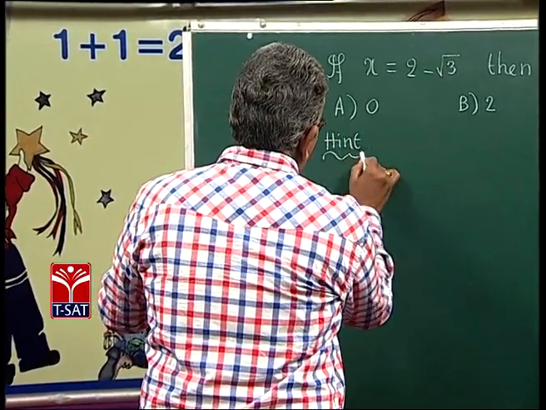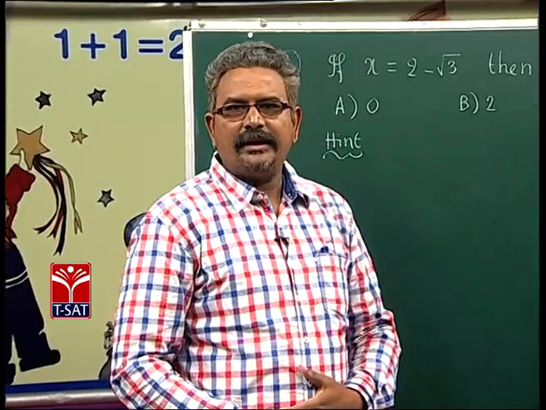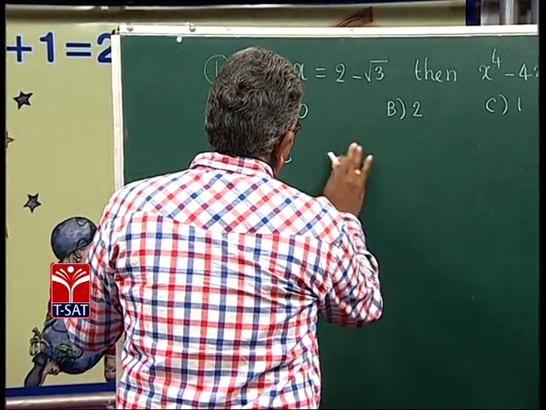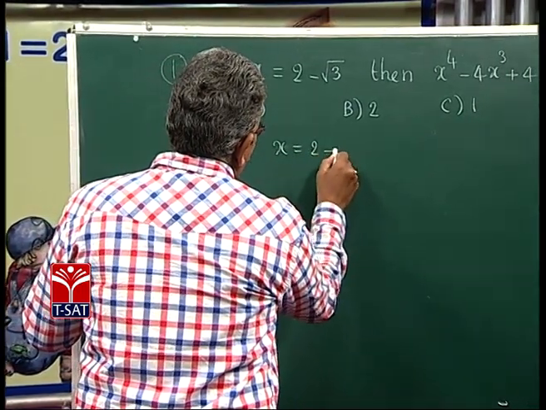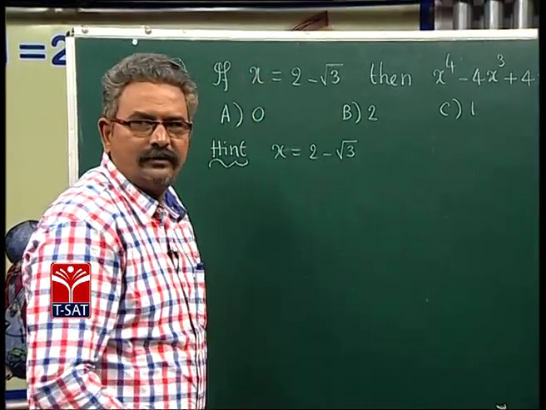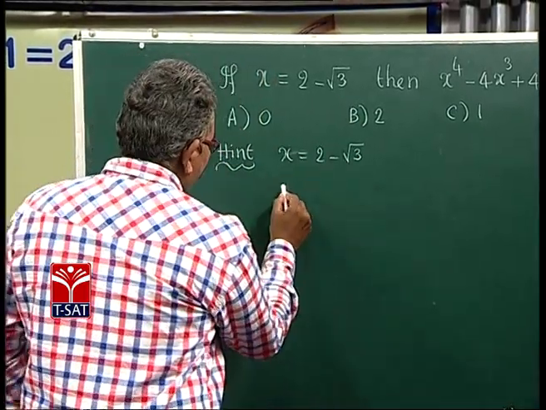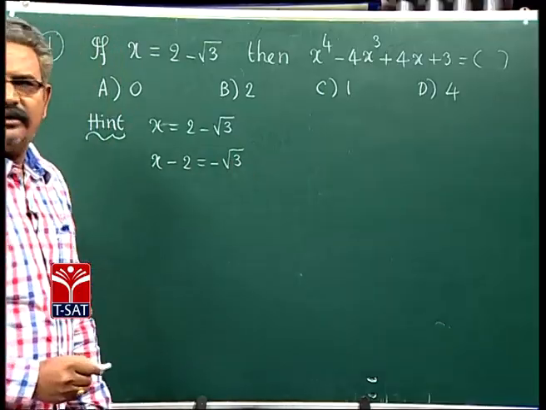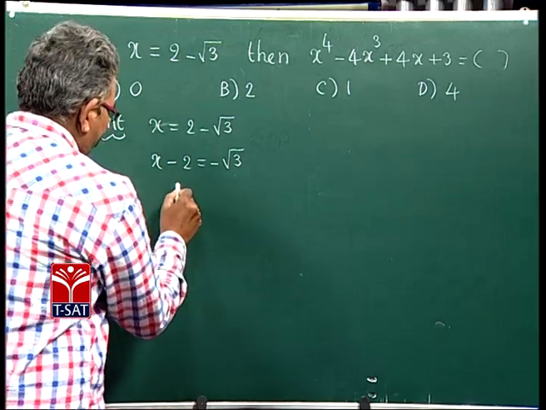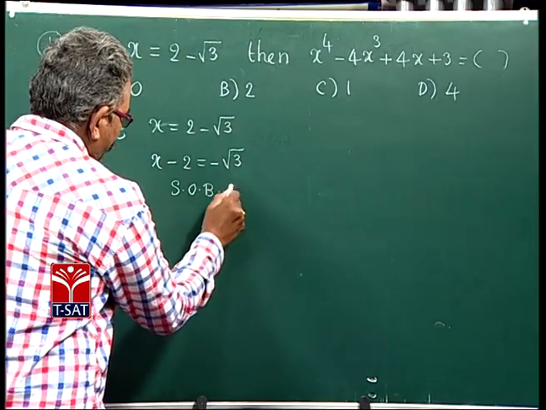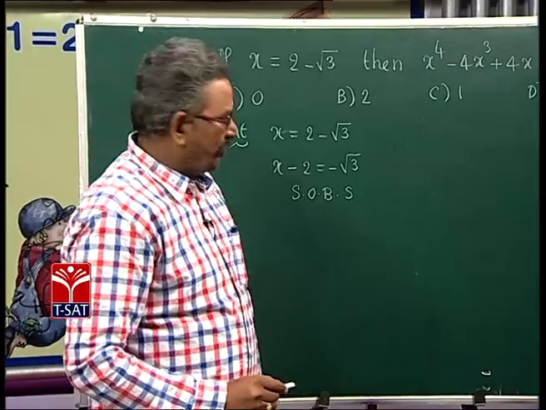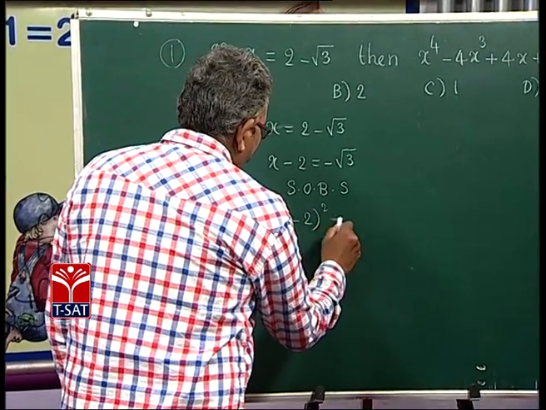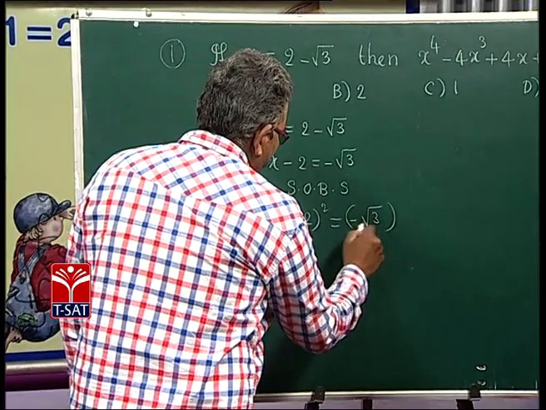So, first let us frame a quadratic equation using x is equal to 2 minus root 3, it is given. Bring 2 this side, x minus 2 is equal to minus root 3. Squaring on both sides, we get x minus 2 whole square equals minus root 3 whole square.